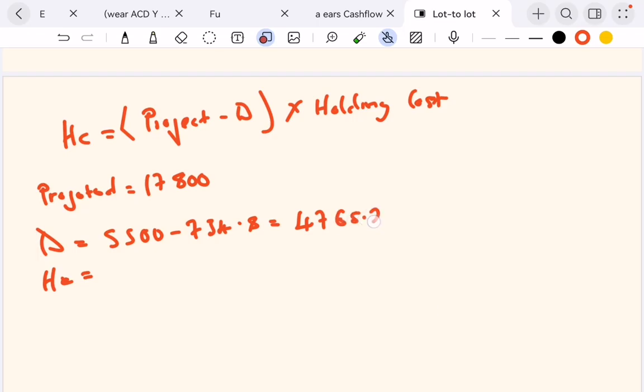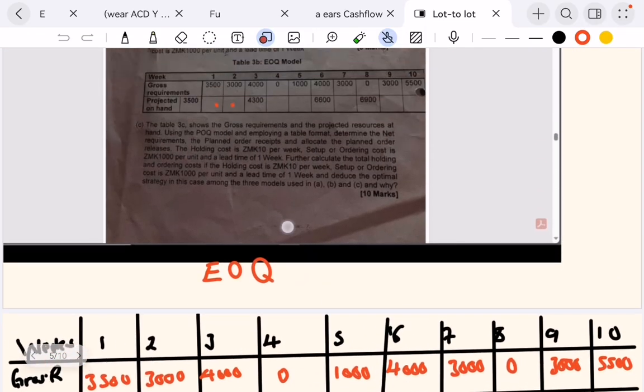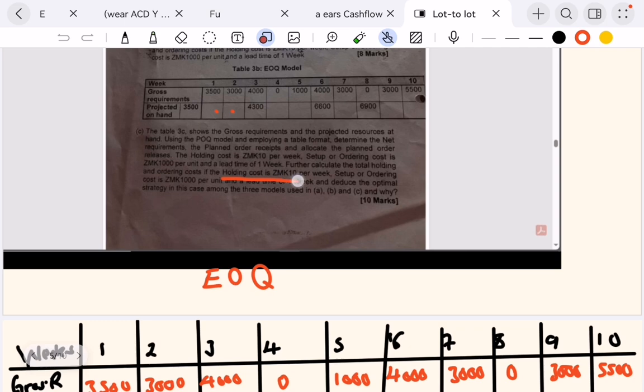Then the holding cost is from the question. How much is the holding cost? 10. So we have 10 there.